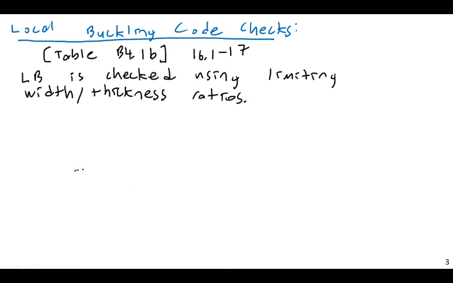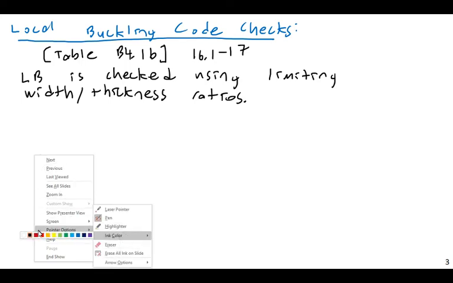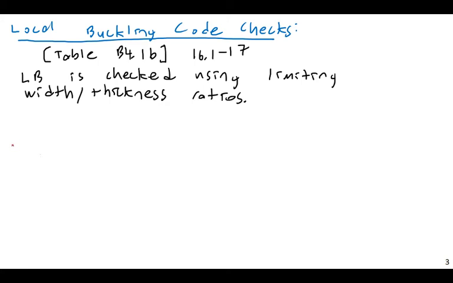So, for example, let's look at a W section. We looked at flanges before, but I also want to show you that there are also limiting width to thickness ratios for the web.